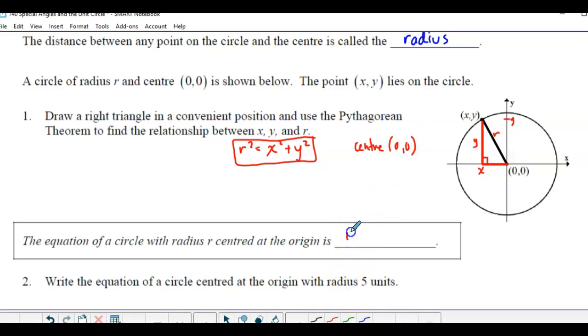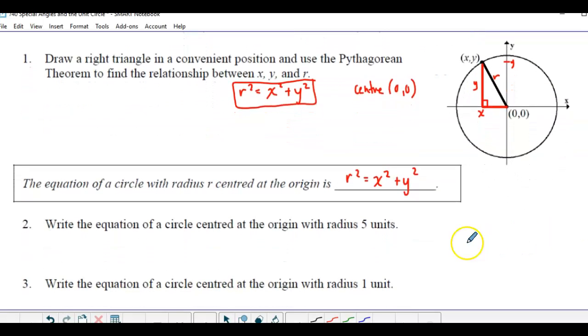I'm just going to rewrite it out here: r squared equals x squared plus y squared. Remember when we talked about functions, we knew that if y was squared, it wasn't a function, so that confirms it as well. Now it says write the equation of a circle centered at the origin with radius of 5. So we put 5 in for r and square it.